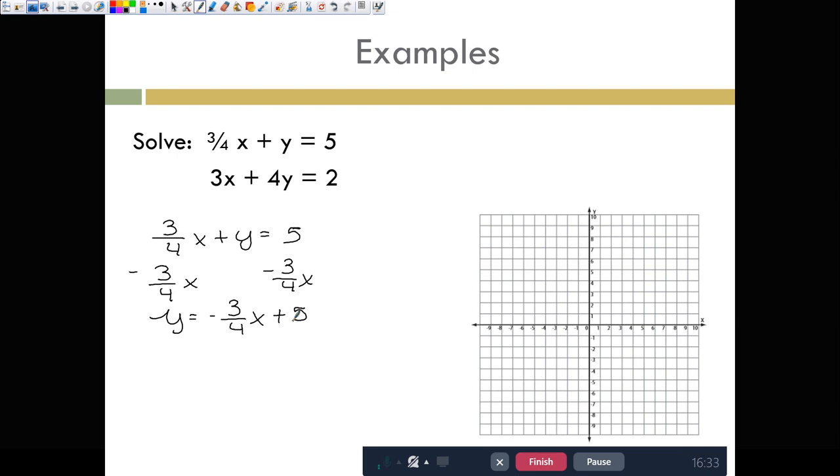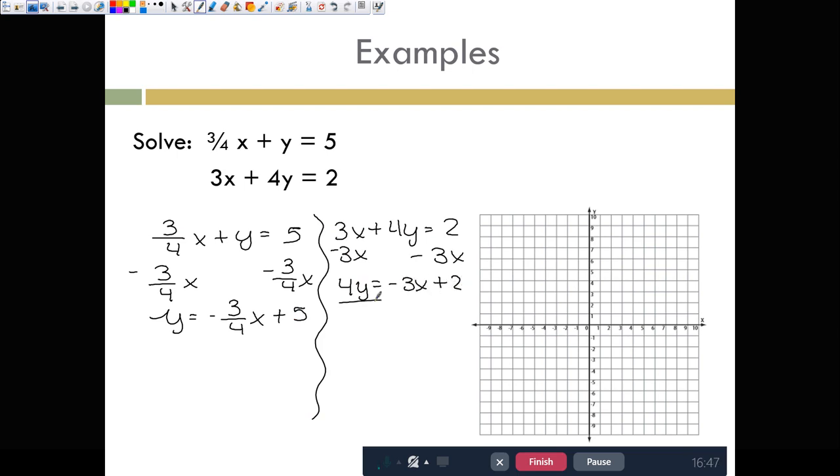Okay, and then my next one, I need to get it in the proper form. I have 3x plus 4y equals 2. I'm going to subtract 3x from both sides and get 4y equals negative 3x plus 2. Divide by 4. So I have y equals negative 3/4 x plus 1/2.